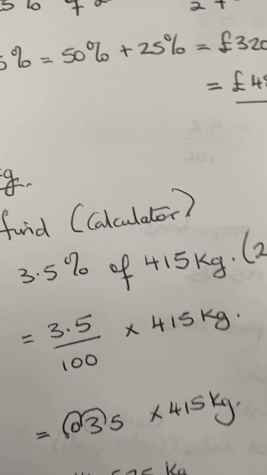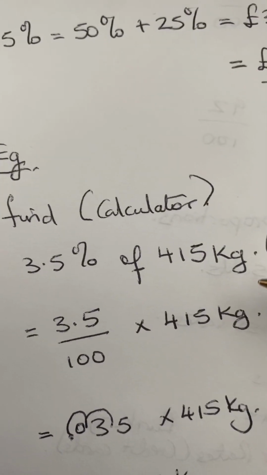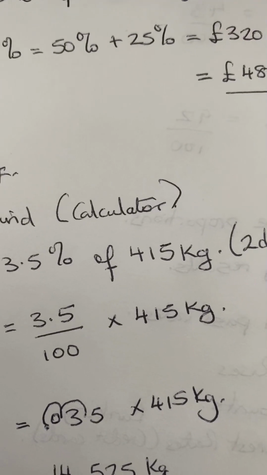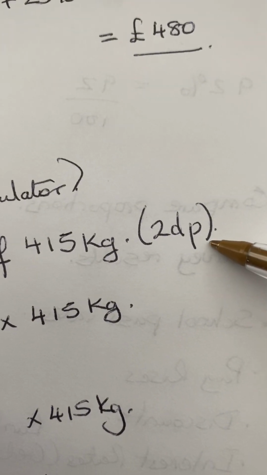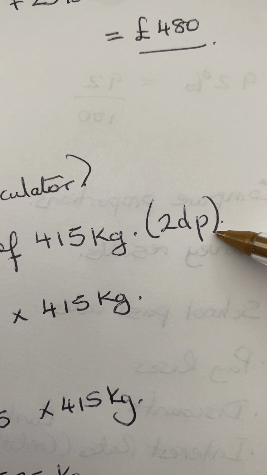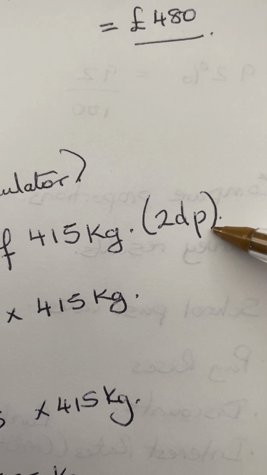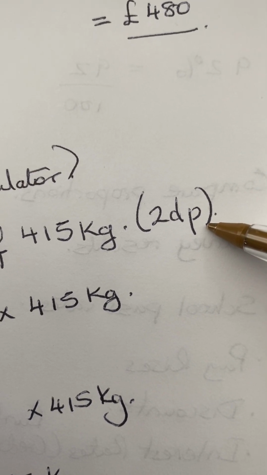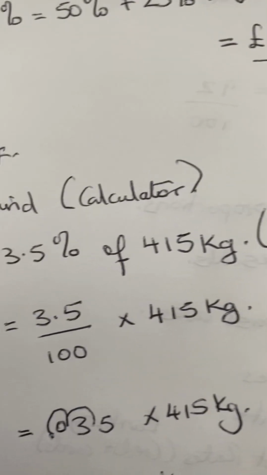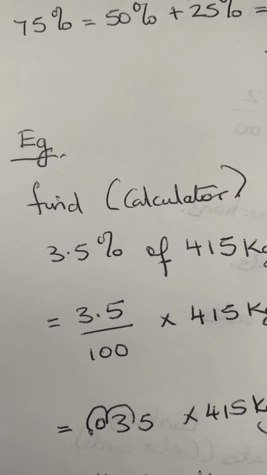Now here we are allowed to use the calculator, so we may find a question like this in a calculator paper. But look, they've asked us to leave our answer to 2 decimal places. We've done decimal places and we've looked at significant figures. So let's look at the question.